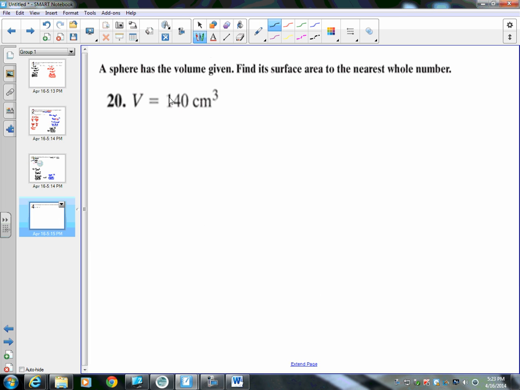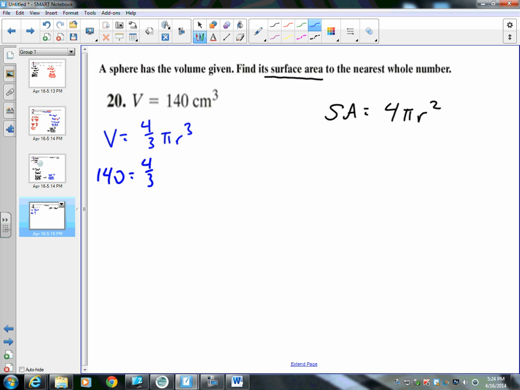The last question I'm going to do is, if we're given the volume of a sphere, find its surface area. So I want surface area, and remember, surface area is 4 pi r squared. Well, I know volume. The volume of a sphere is 4/3 pi r cubed. I know it's 140 though, so I can plug it in. 4/3 pi r cubed.